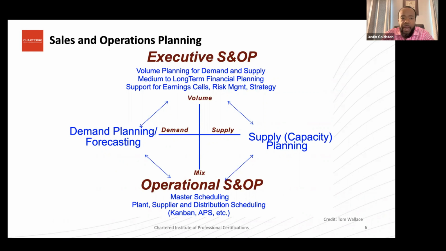We have to assess a number of things from an organizational perspective, such as, what is the current volume from a demand and supply perspective. We want to look at the macros, if you will, from an organizational perspective.